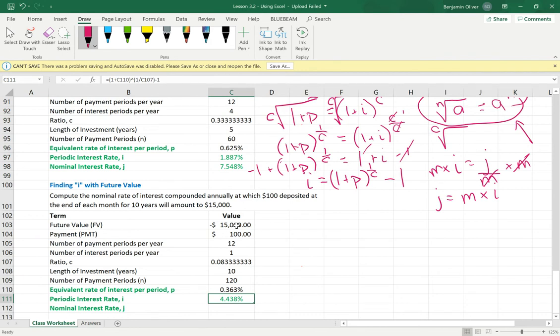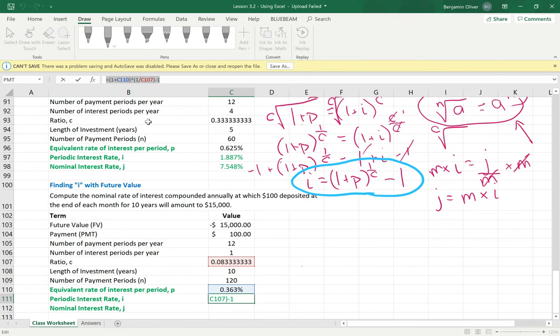And remember, that's per period, right? And the reason it's per period is because we're finding an ordinary general annuity. So in order to find the periodic interest rate, remember, you have to input this formula into the periodic interest rate. You can see that I've inputted it up here in order to find the periodic interest rate.